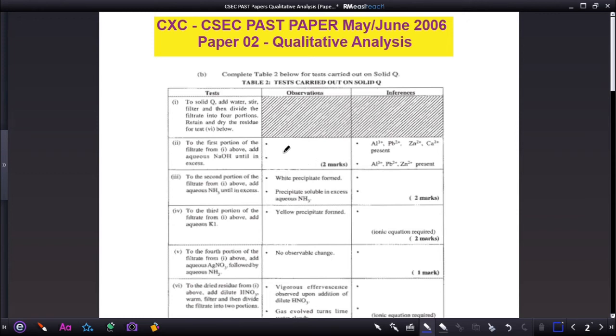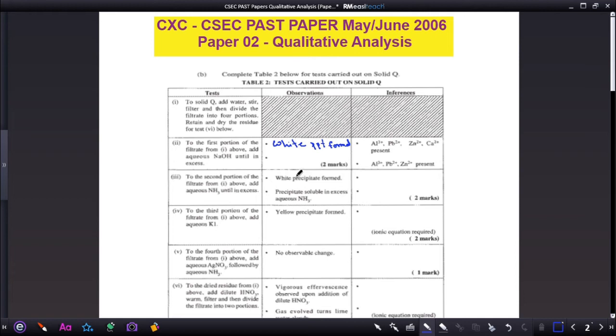So let us look at what the observation should be dropwise. For dropwise, we should expect a white precipitate formed. So that's what we should expect for dropwise. In excess, calcium is insoluble in excess sodium hydroxide.